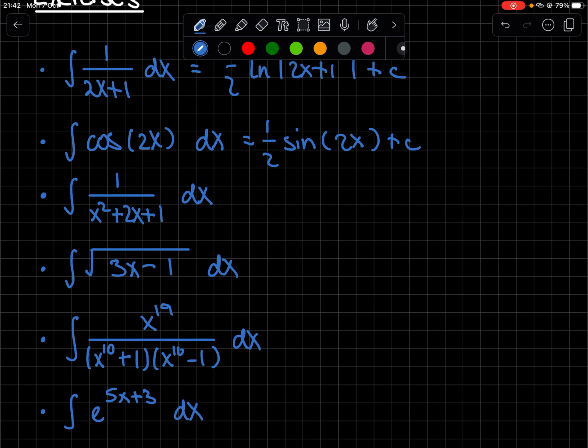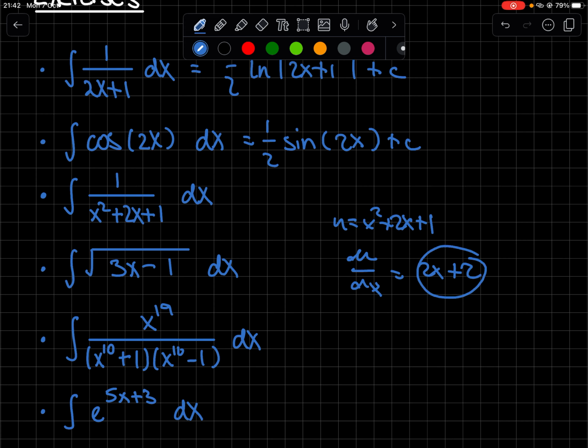Things will often cancel out that way. Okay. 1 over x squared plus 2x plus 1. Now, here you should notice that if you just substitute u equals x squared plus 2x plus 1, then du by dx is going to be 2x plus 2.